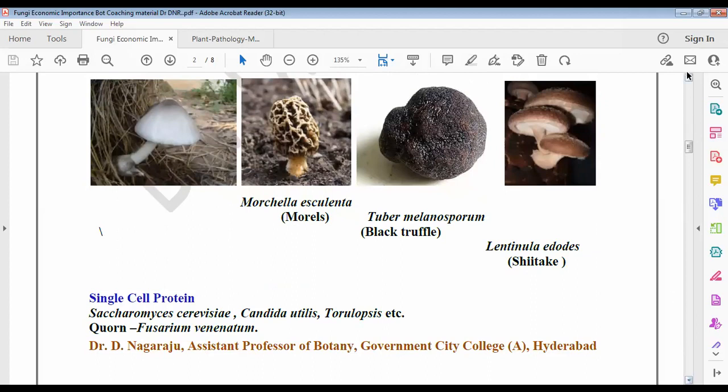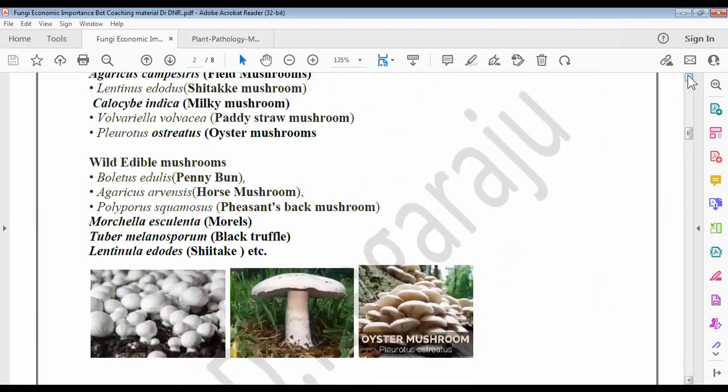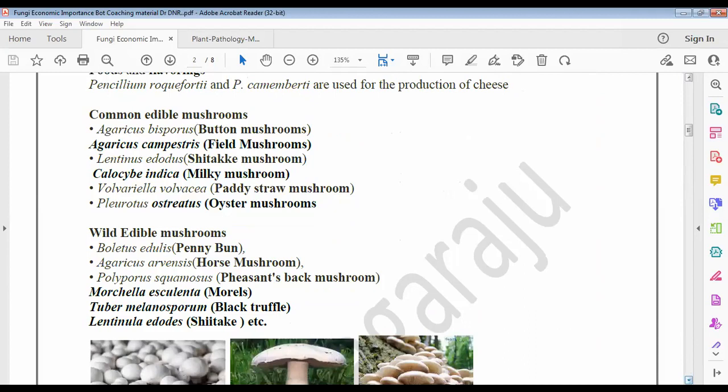And other food sources. What do we call this? Cheese. Cheese is also prepared by using two Penicillium species.